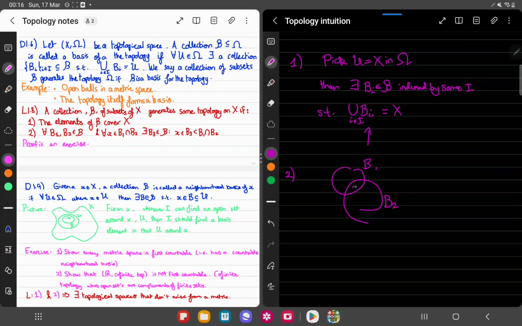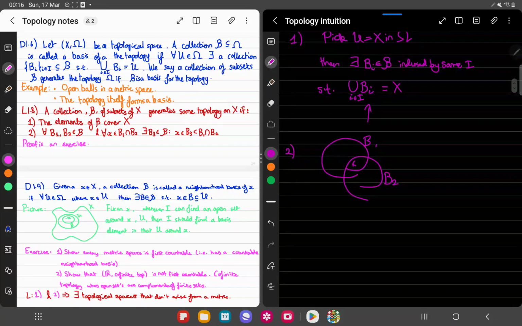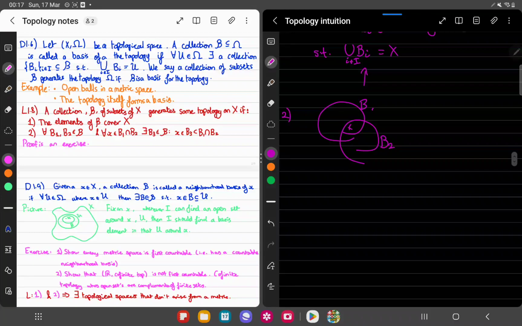So if there's a point, some x here, then because I'm trying to develop a topology here, B1 and B2 should be open sets, and so their intersection is open. I.e., I could find a little open neighborhood around it. So let's see. Well, B1 intersect B2.